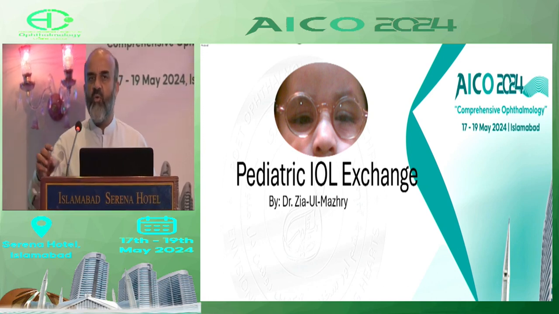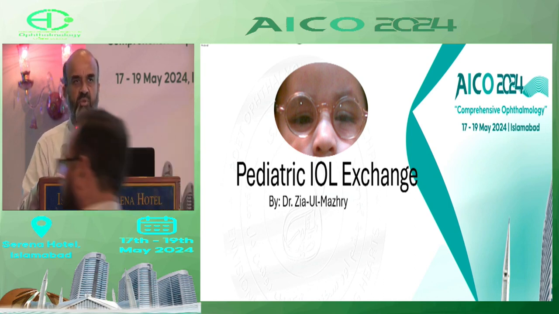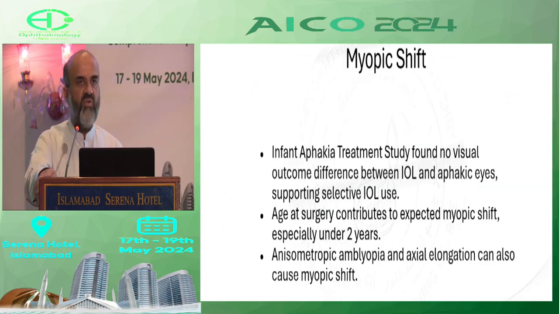So there is about 4 millimeters of growth during the first 2 years, and only 1 millimeter of growth from 2 years to adulthood. So the younger the child is at the time of implantation, the more chances of myopic shift are there. So there are two schools of thought.